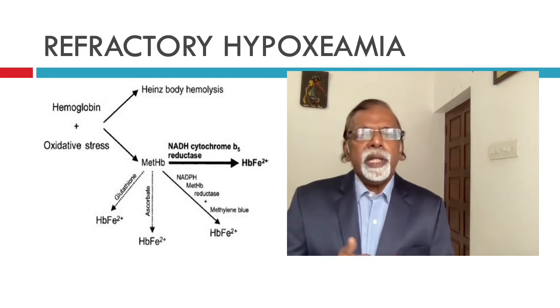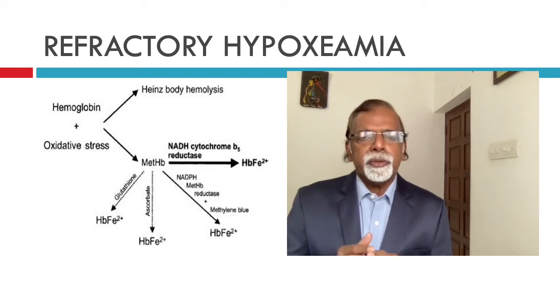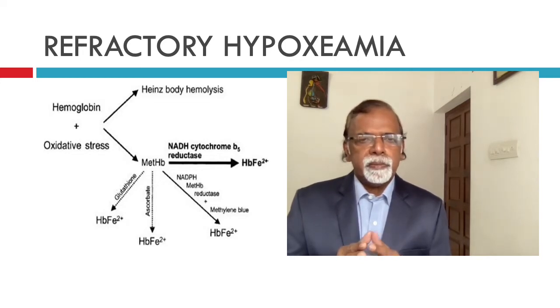When the methemoglobin level is around 30 to 35%, the ratio of absorbance becomes 1, and this is read as an SpO2 of 85%.